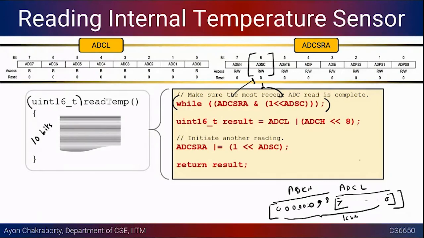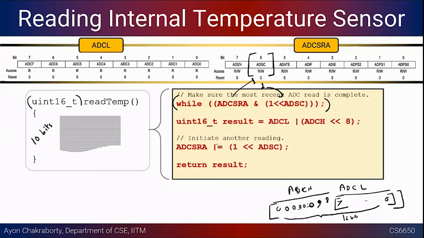Any confusion with this? Any problem in understanding what is going on? Okay. And then we have read the result. You can do whatever you want with the result, you can put it to the serial port, or you can just plot it and so on. And then we try to start the next conversion.